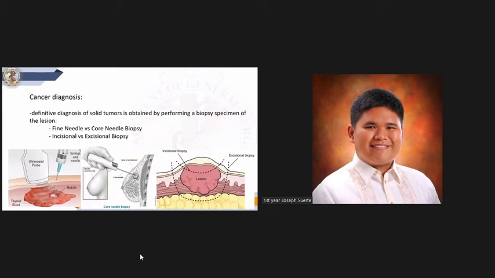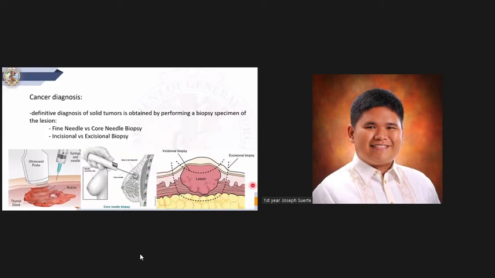For our fine needle biopsy, it is usually easy and safe to perform, but it does not give information on our tissue structure compared to our core needle biopsy. But both can have a sampling error. We could be getting in areas that are not representative of the tumor. Sometimes we can take a benign sample and it turns out that the tumor is actually malignant.